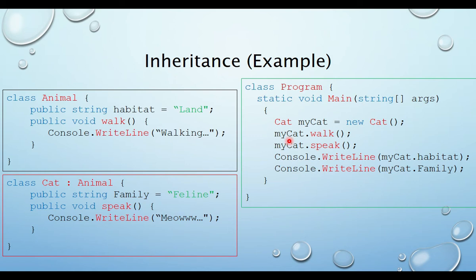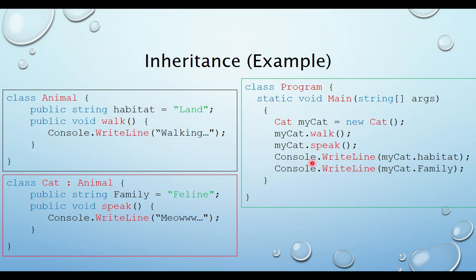After that, we call the method walk, but the walk method was defined in the base class. Even though we use the cat class, since it inherits from animal, we are able to inherit the walk method. That is why calling the walk method is a valid call. The second method is speak, which was defined in the derived class.